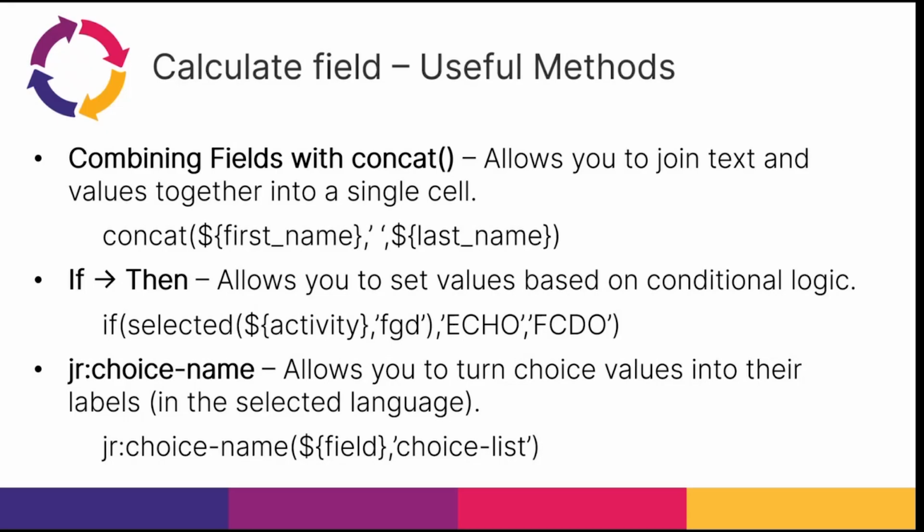So if you use jr:choice-name, it allows you to turn that 1 back into the language the user is currently using in the ODK form. This can get a bit complicated, because if you have a form in English and French, it will show you man in English if you're using the English interface, and if you switch to the French interface, it would show you man in French. But it's useful in moving away from a name and into the label for the select questions.